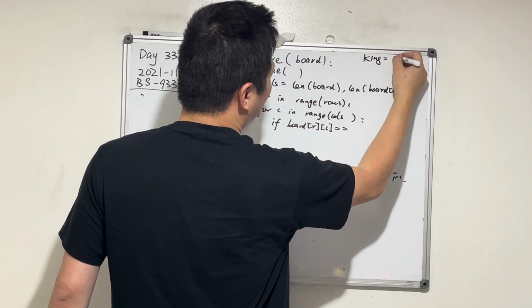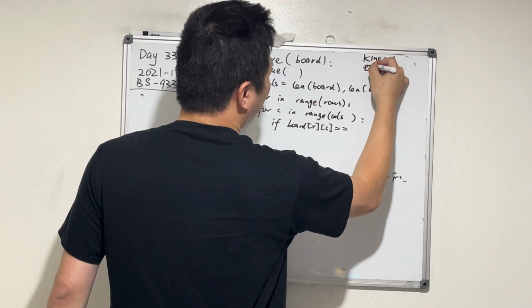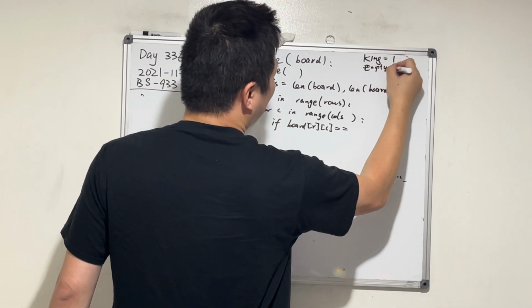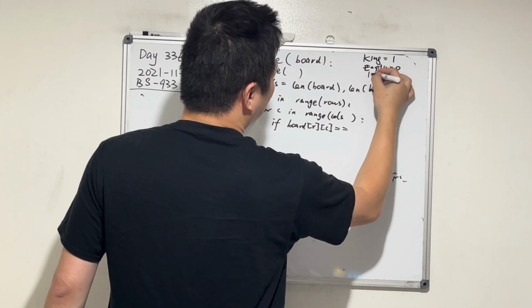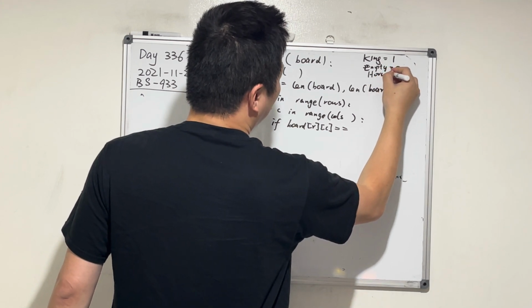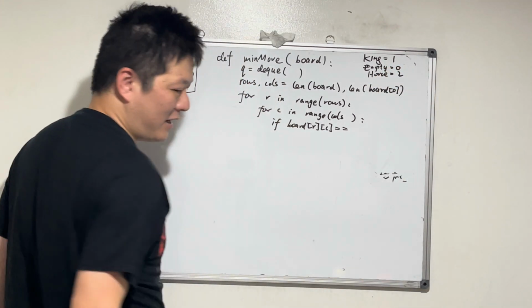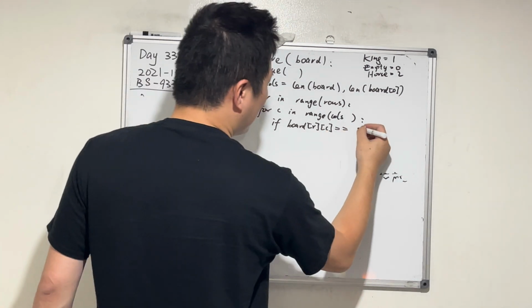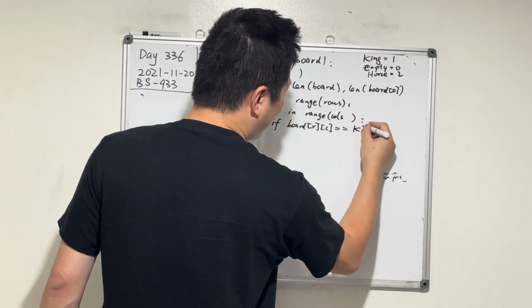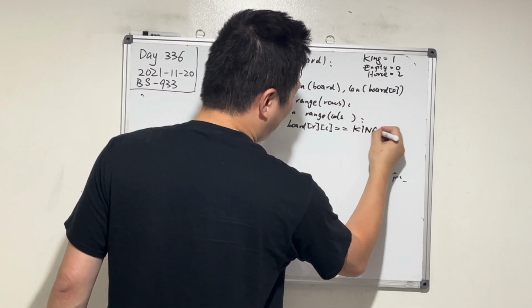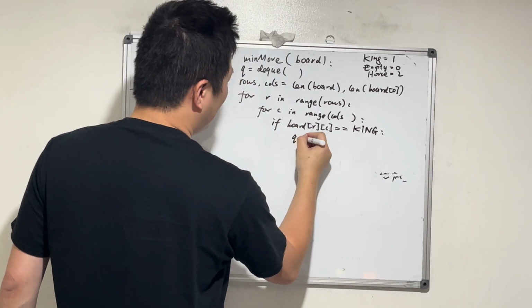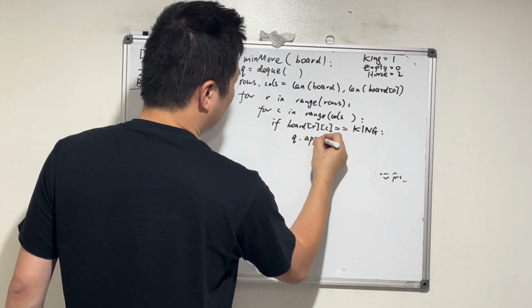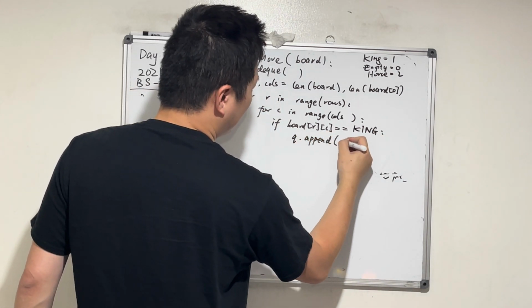King equals, let's say 1. Empty could be 0, and then knight, the horse, would be 2. If board[r][c] equals king, because we are capturing the king, and there's only one king, then we just append it. q.append((r, c)).